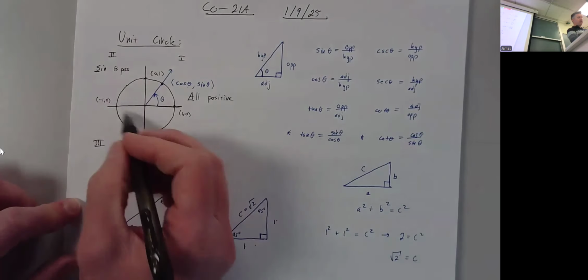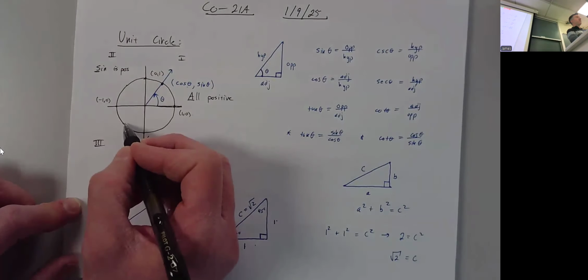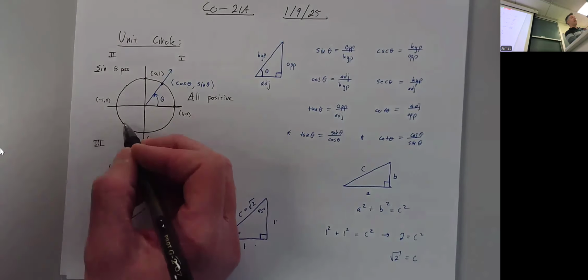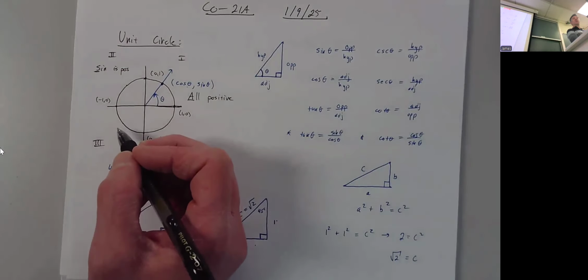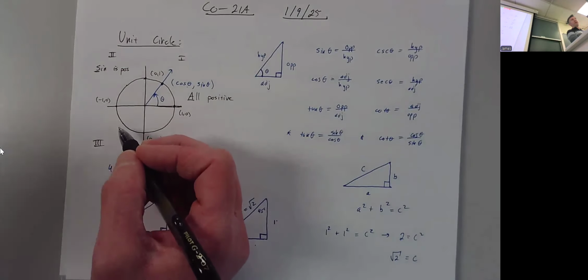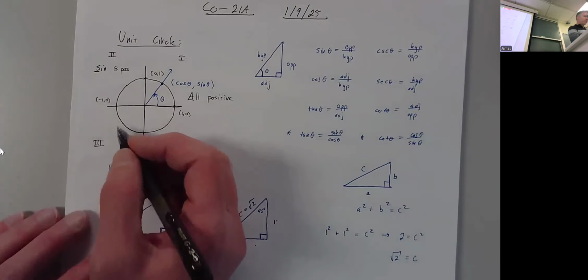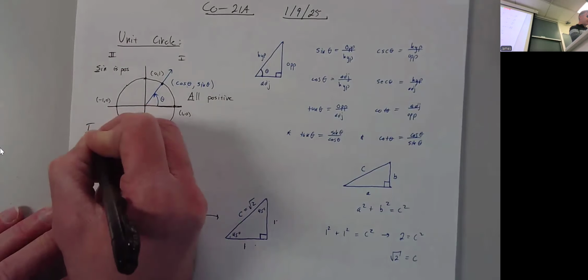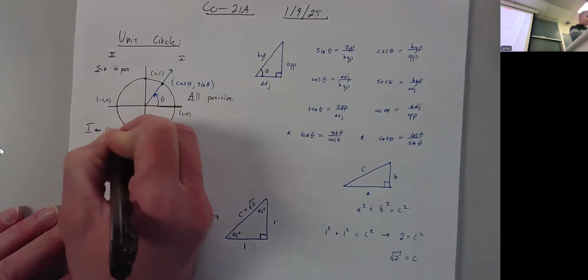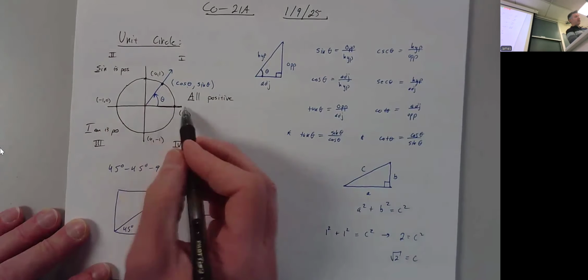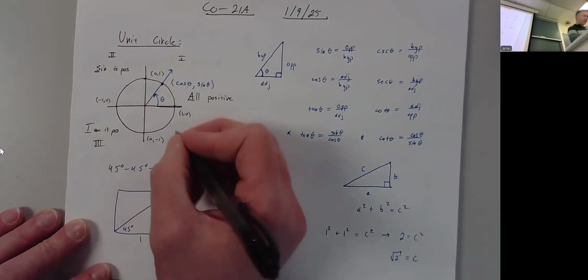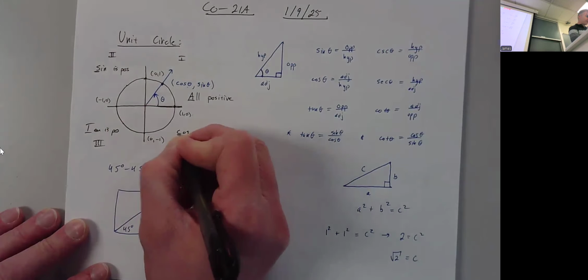Over here in quadrant 3, x and y are both negative, so sine and cosine are both going to be negative, but tangent, which is the quotient of y divided by x, is going to be positive. So over here in quadrant 3, tangent is positive. And lastly, in quadrant 4, the x values are positive, but the y values are negative. So over here, cosine is going to be positive.